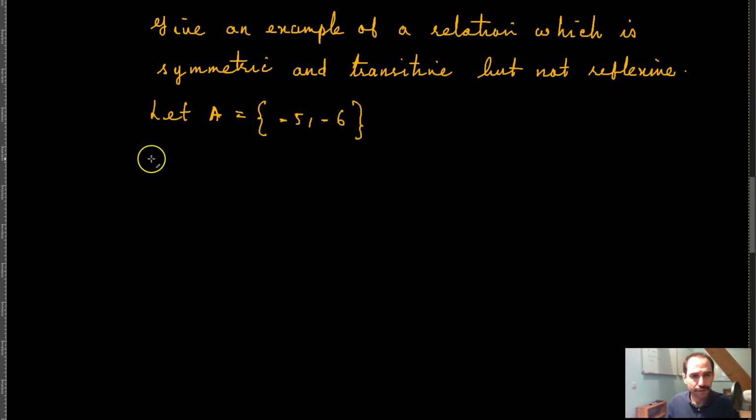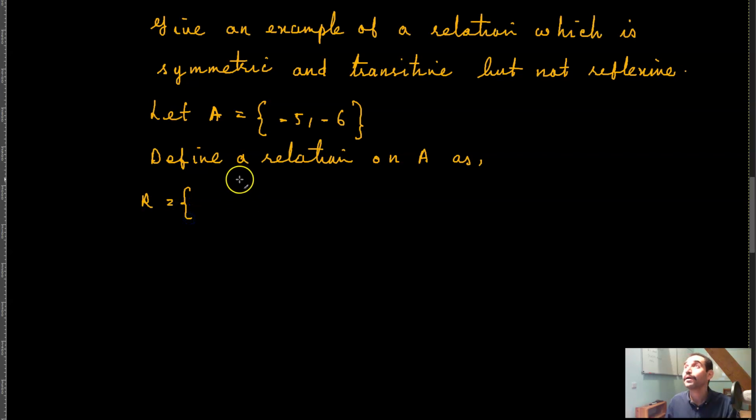And define a relation on A as, for example, R is equal to {(-5, -6), (-6, -5), (-5, -5)}.